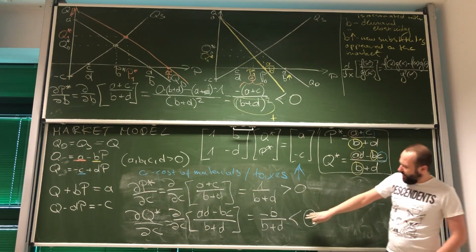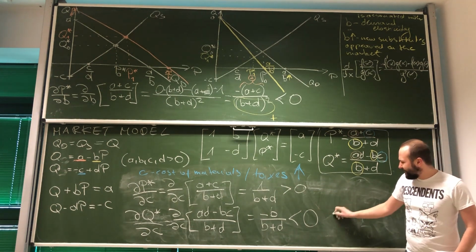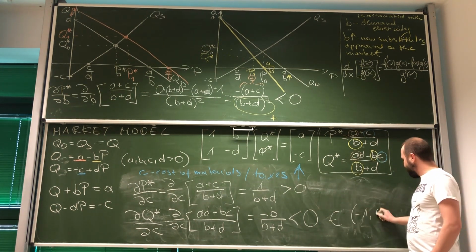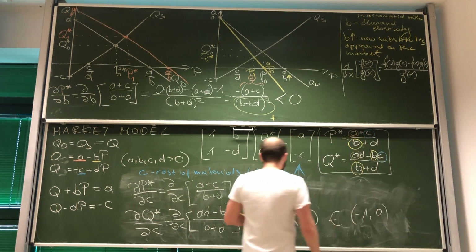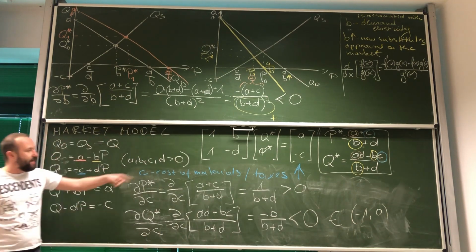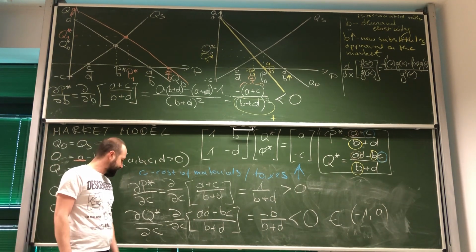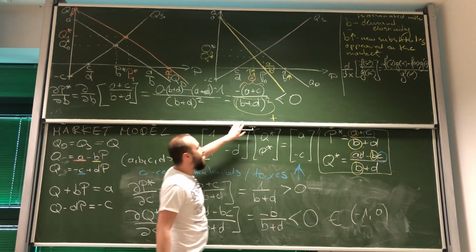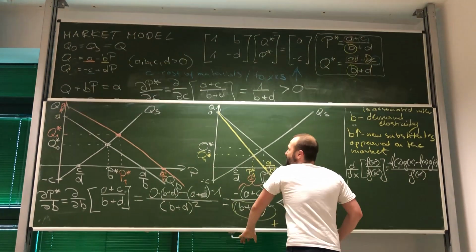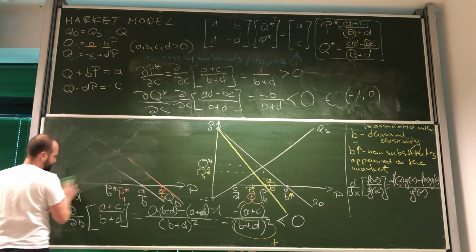It is B divided by B plus D, so this expression is somewhere between negative 1 and 0, but this is not that important to us. What we get from this is that as taxes or cost of materials go up, price increases, while quantity declines.